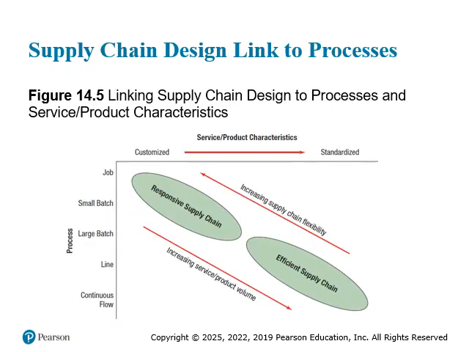So this picture looks very much like the product process matrix that you saw back in chapter 2. So basically what we're saying is the responsive supply chains tend to be those that give us more customized products and tend to have a lot of job or small batch type operations associated with them, tend to operate in reasonably small volumes and smaller volumes certainly than efficient supply chains, and tend to be much more flexible.